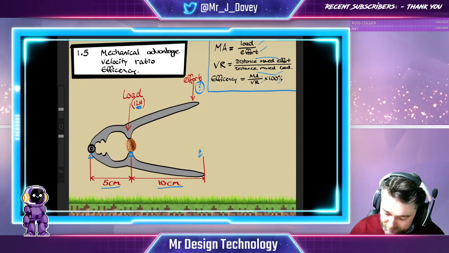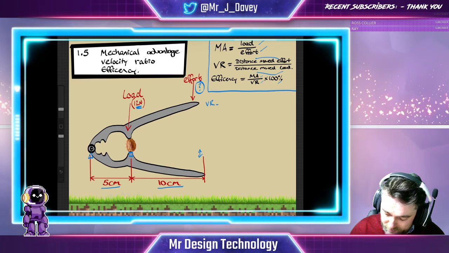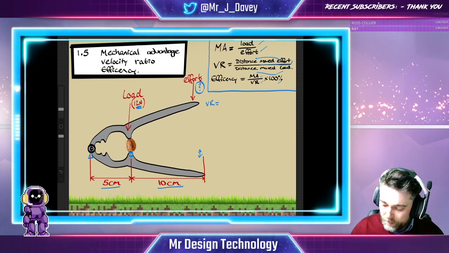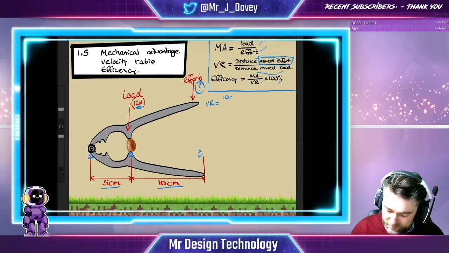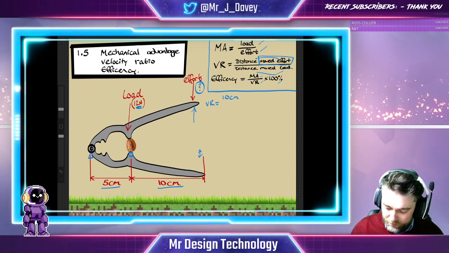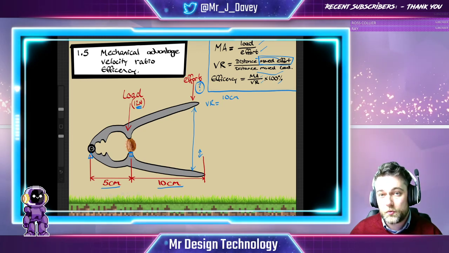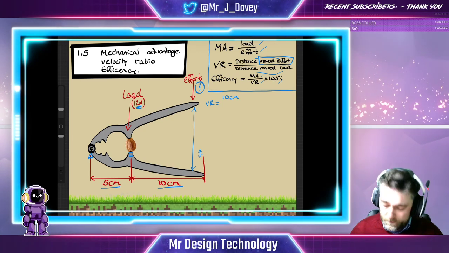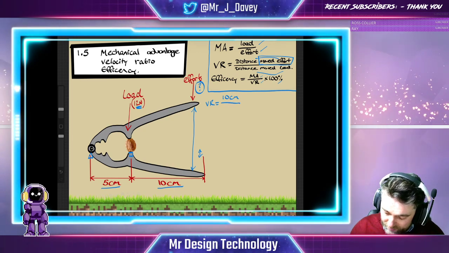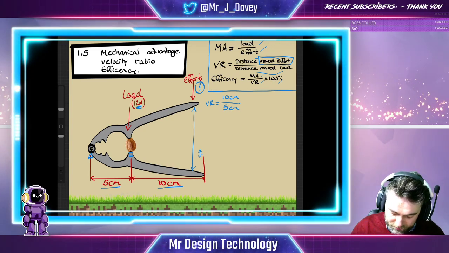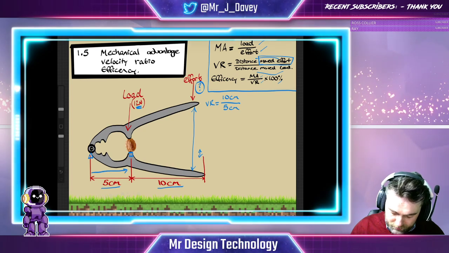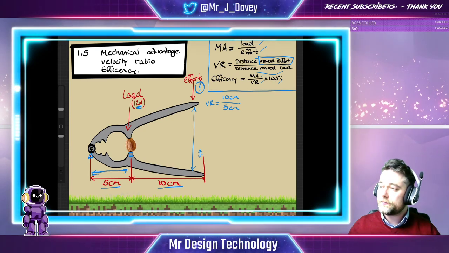So VR is equal to the distance moved by effort, which in this case is 10 centimeters, because it's how far we're having to pull that lever down, divided by 5 centimeters, which is how far it is from our fulcrum to the load.